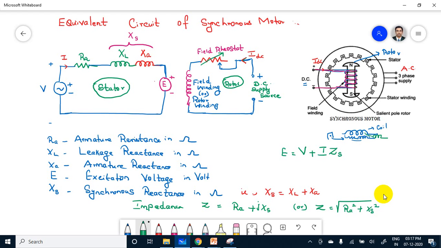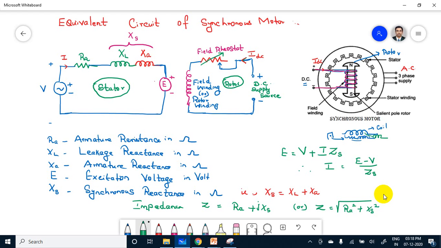Therefore I equal to E minus V divided by Zs.